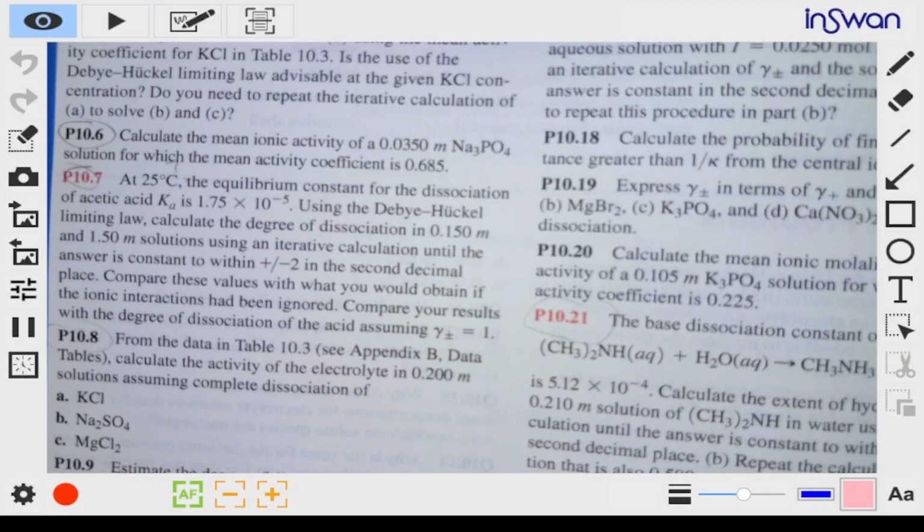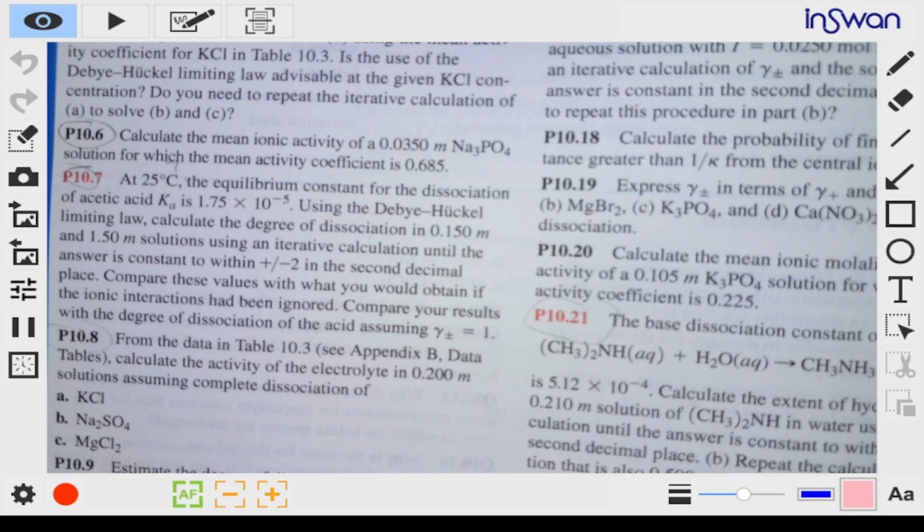Problem 7. At 25 degrees Celsius, the equilibrium constant for the dissociation of acetic acid, Ka, is 1.75 times 10 to the negative fifth. Using the Debye-Hückel limiting law, calculate the degree of dissociation in a 0.15 molal and 1.50 molal solution with the iterative calculation until the answer is constant within plus or minus 2 in the second decimal place.